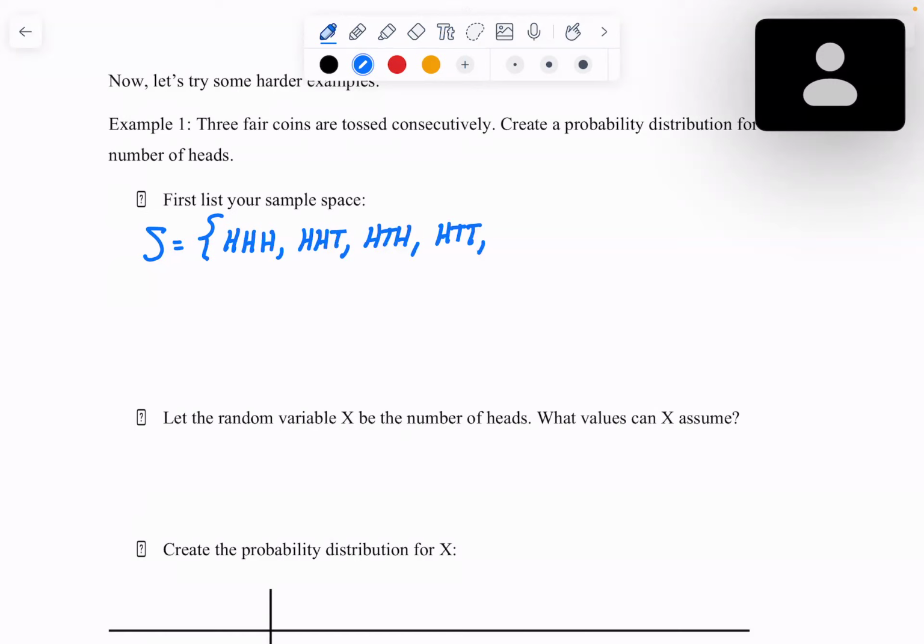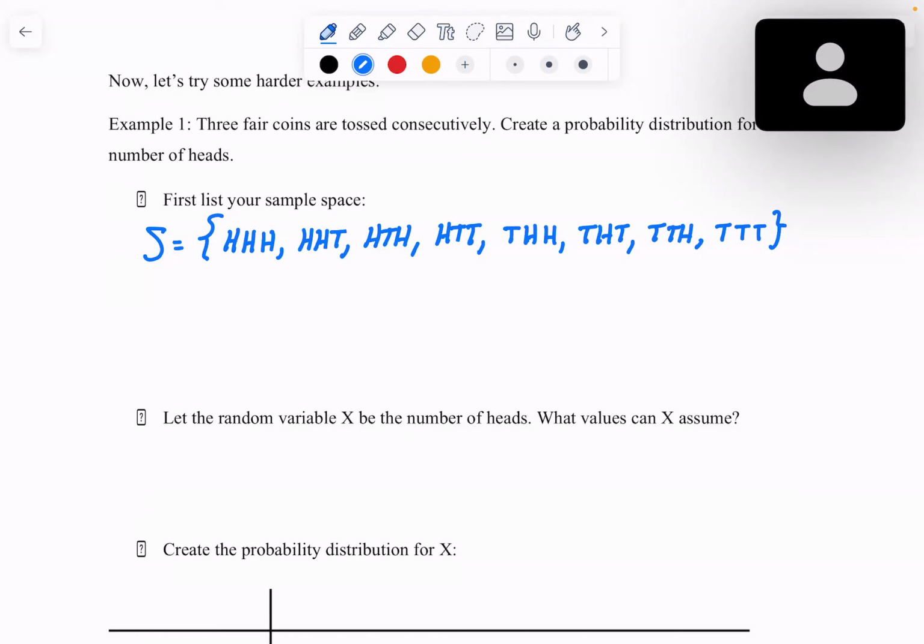Tail, head, head. Tail, head, tail. Tail, tail, head. Tail, tail, tail. And there should be 8 outcomes here if I count them all: 1, 2, 3, 4, 5, 6, 7, 8.